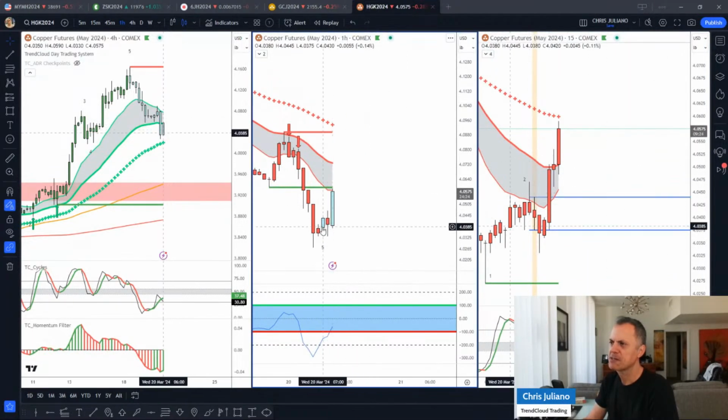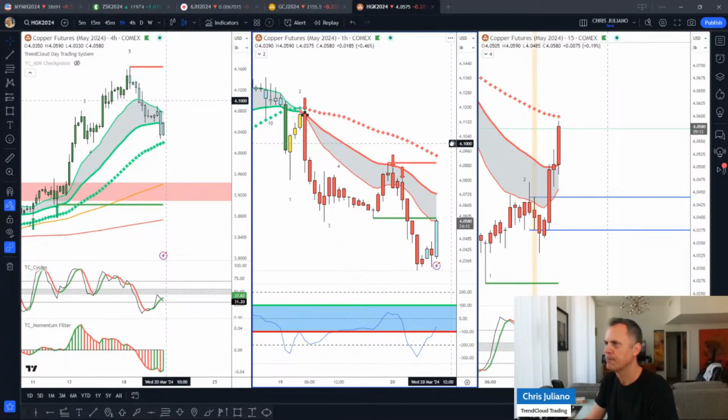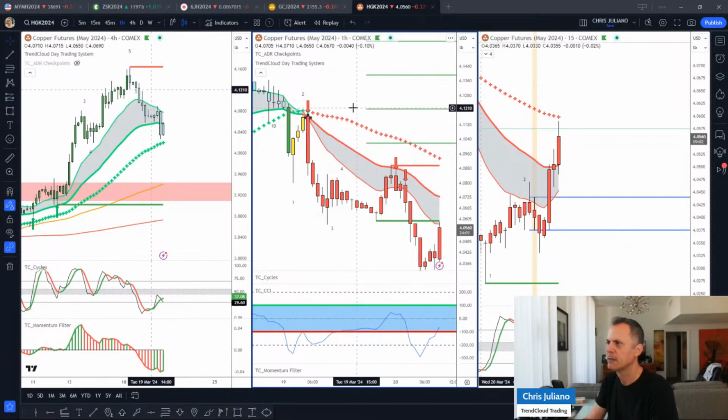Trend is becoming extended on the middle time frame. So maybe this wants to pull back up here, recalculate, and then continue the move down. We've got a market edge here. Oh, and we also have an ADR checkpoint. Look at that. Here's the second one here, first and second one.